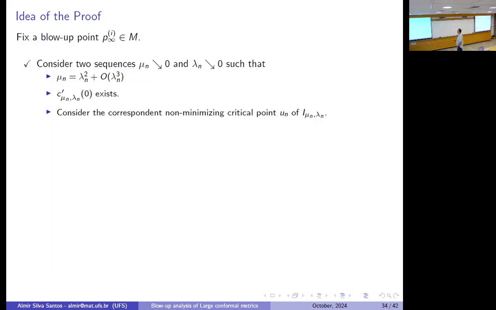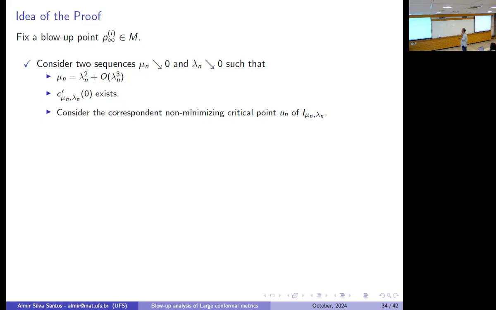Let me give an idea of the proof. So we choose two sequences of parameters which go to 0 and satisfy these 3 conditions. There is a technical reason why we choose this in this way, but it's related to something that I said before.